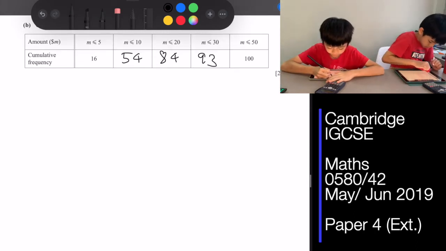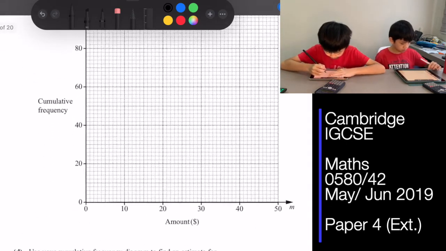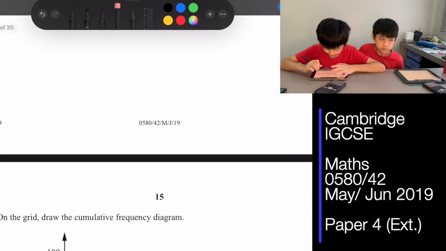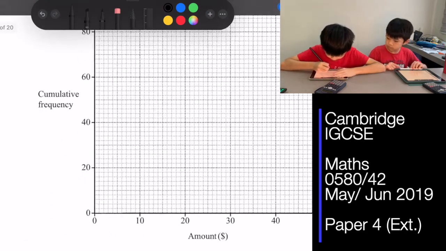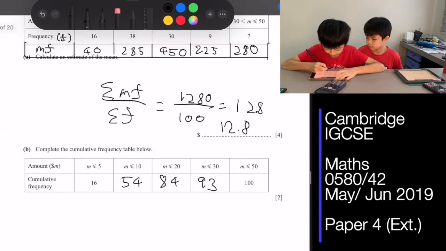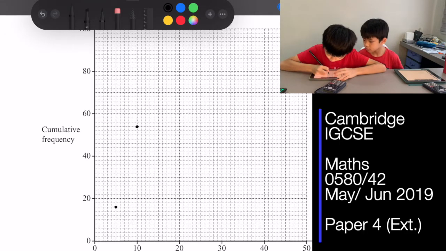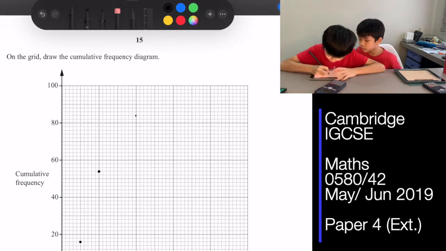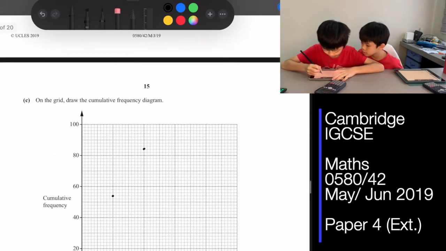When the amount m is smaller or equal to 5, the cumulative frequency is 16. 10 goes with 54. 20 goes with 84. 30 goes with 93.